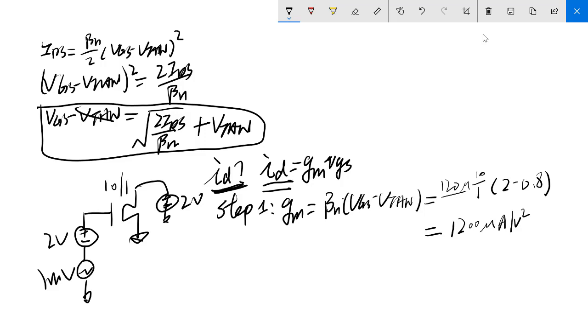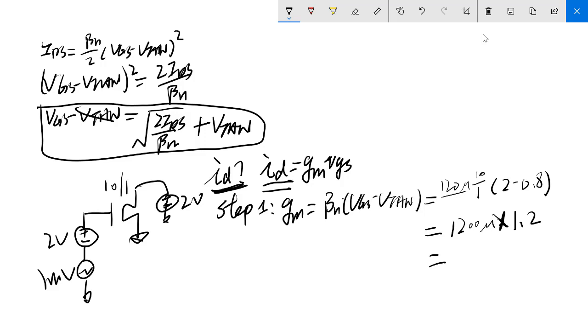If I don't include the units it's confusing, so let's just keep the dimension there, which is 1200 micro, and this times 1.2, times 1.2, and I know 12 times 1.2 times 1.2 will be 1.44.